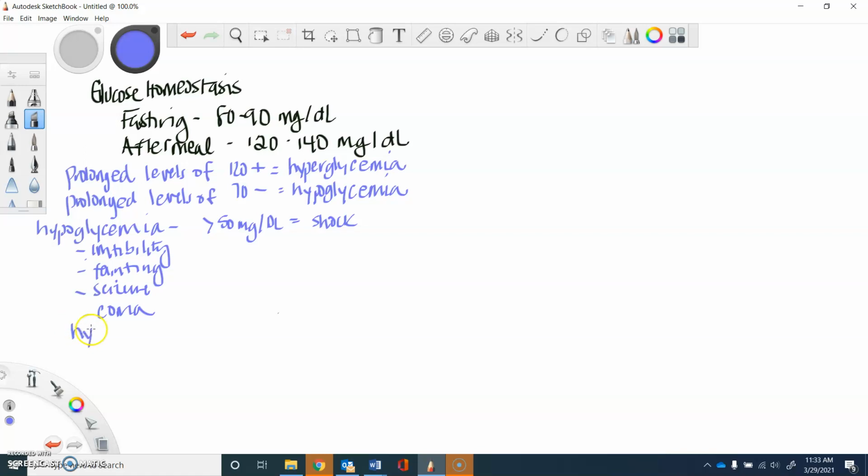Hyperglycemia. So hyperglycemia is too much sugar, and that of course is going to head towards diabetes, but it will cause osmotic issues.